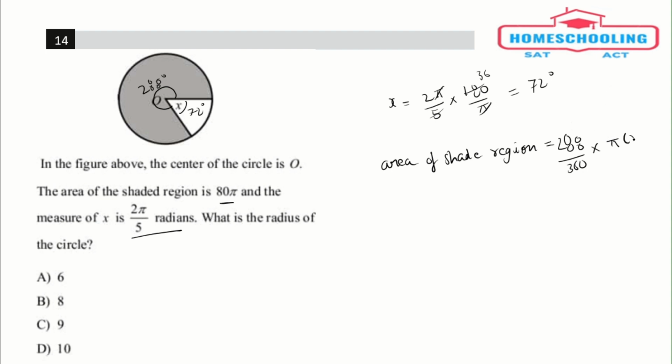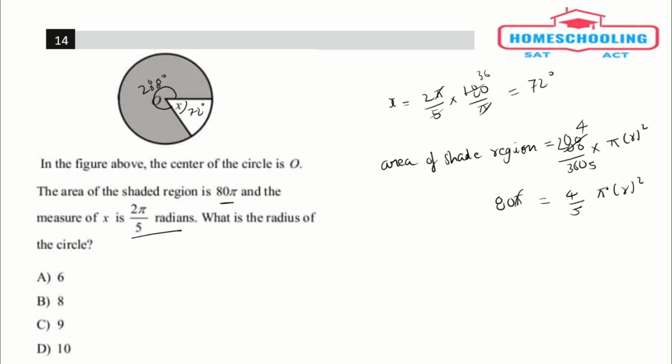It is given that the area of the shaded region is 80 pi, so this is 4 by 5 pi r square.